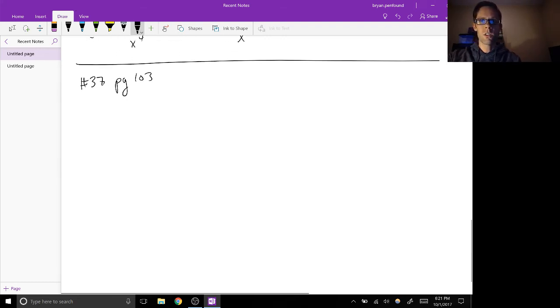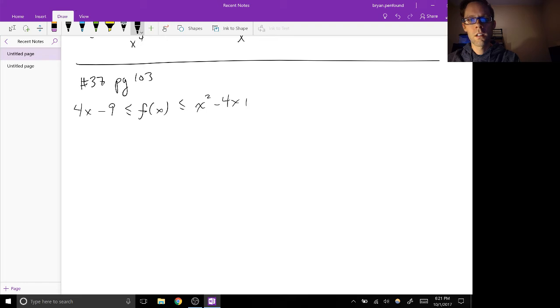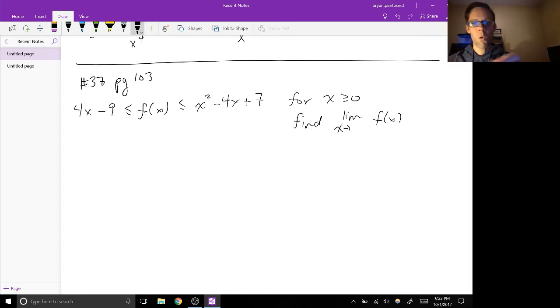And it is going to ask us, if we know the following is true, that f is bounded between this line and this quadratic function, anywhere x is bigger than 0, to find the limit of f of x as x approaches 4.